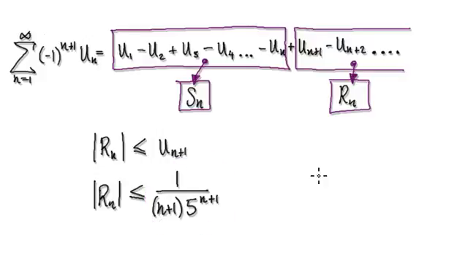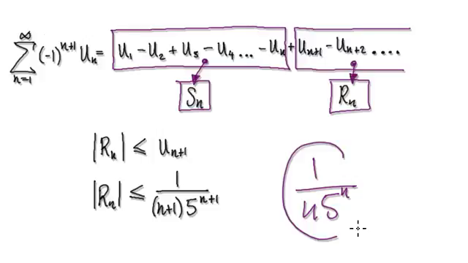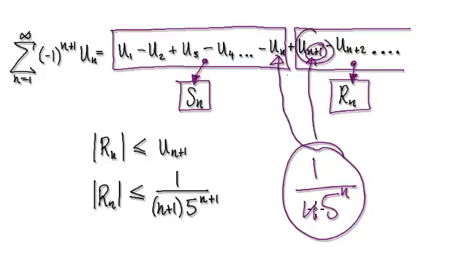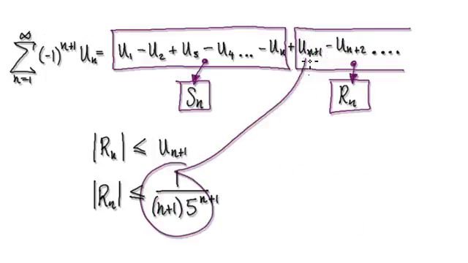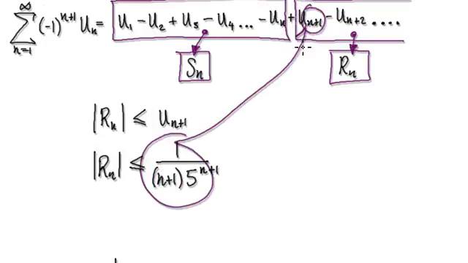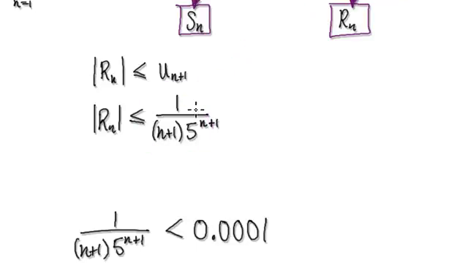Earlier was this n and then 5 to the n plus just n, and so this thing here is this, but then the remainder will be less than the value of this thing here, which is the next term. Well, the next term will be n plus 1, and then you've got your n plus 1 here. So this would be this value here. Okay, so this is our remainder.